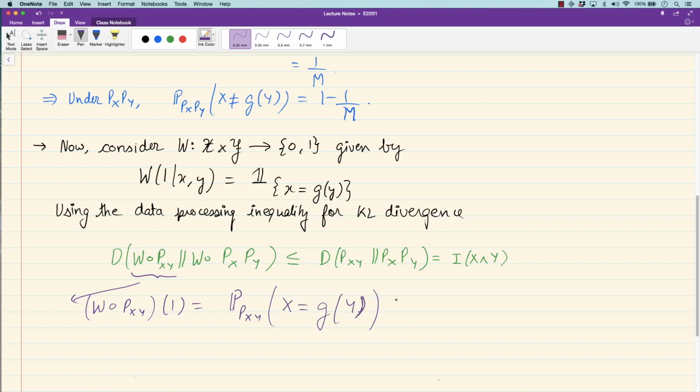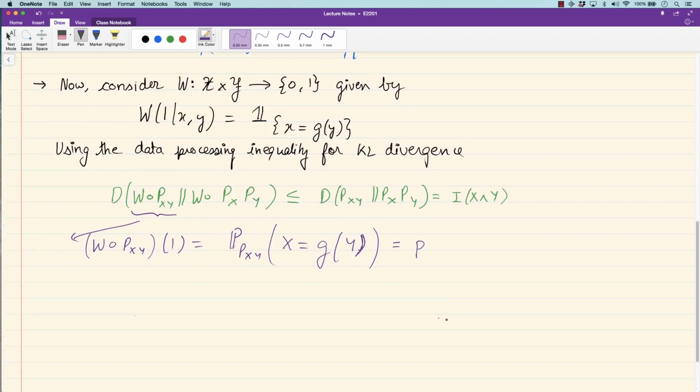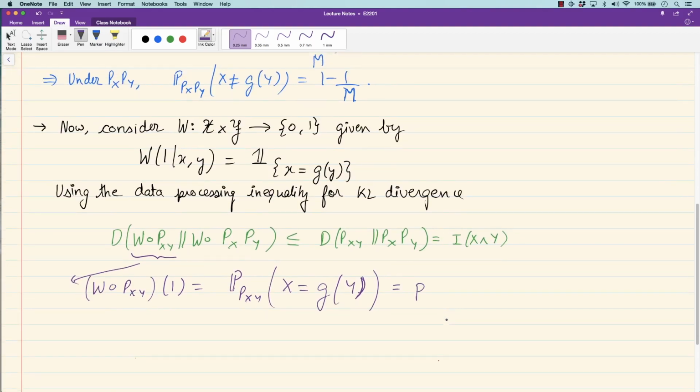This is 1 minus the probability of error that we are interested in. So we will just denote it by p. We are interested in 1 minus p, remember? The other quantity that we see here in this divergence is this W P_X P_Y of 1.